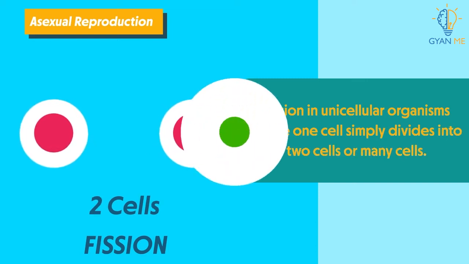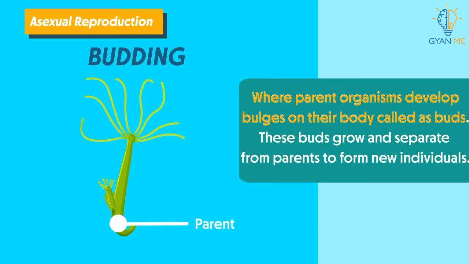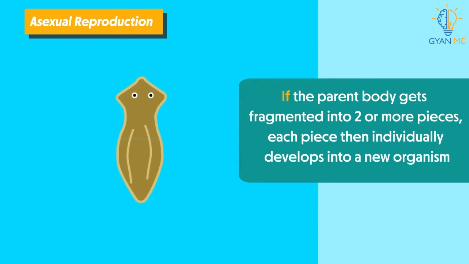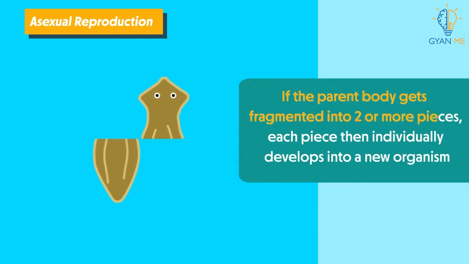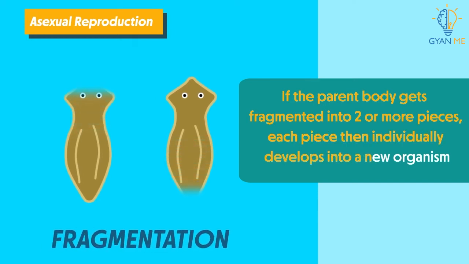The other is budding, where parent organisms develop bulges on their body called buds. These buds grow and separate from parents to form new individuals. In animals like planaria, if the parent body gets fragmented into two or more pieces, each piece then individually develops into a new organism. Now this is about asexual reproduction.